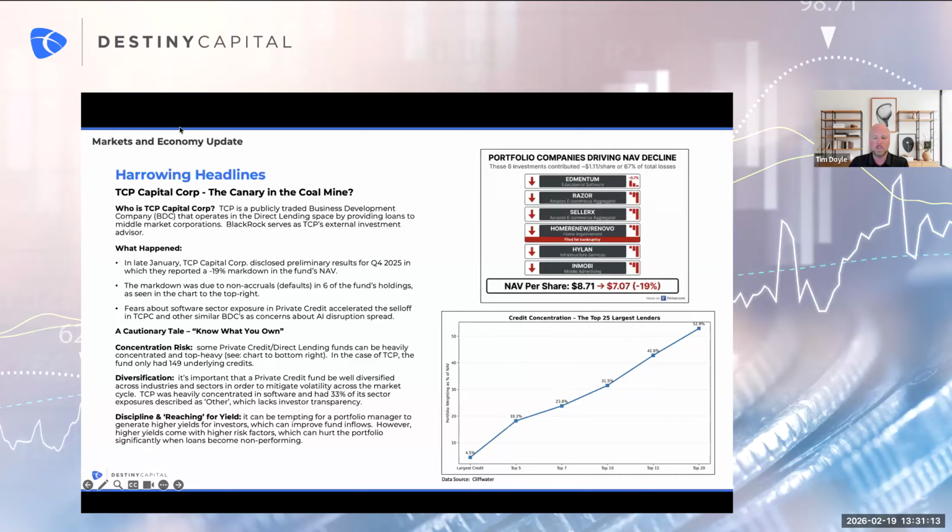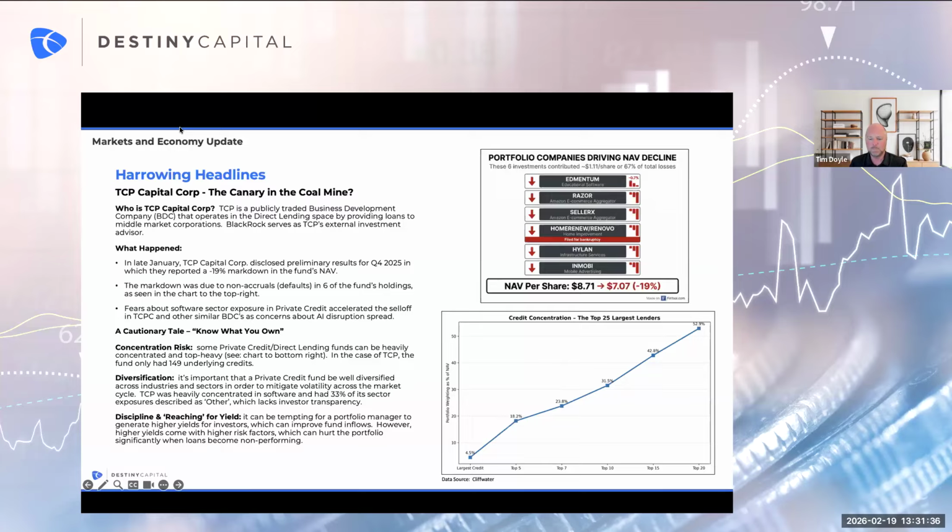So concentration risk in the chart to the bottom right helps to illustrate this. What this chart shows is credit concentration among the top 25 largest lenders. Essentially the top 25 largest BDCs, business development companies, and or interval funds in the private credit space.